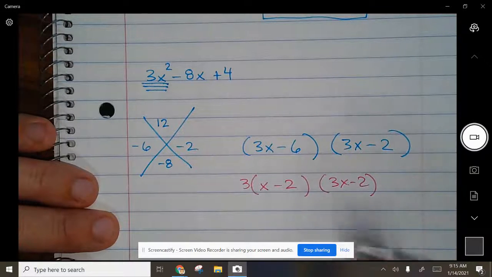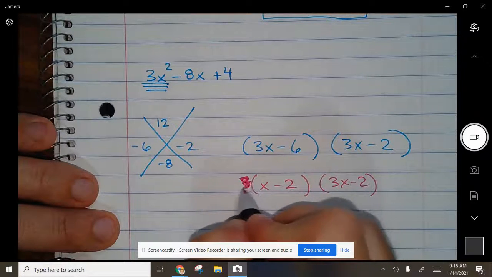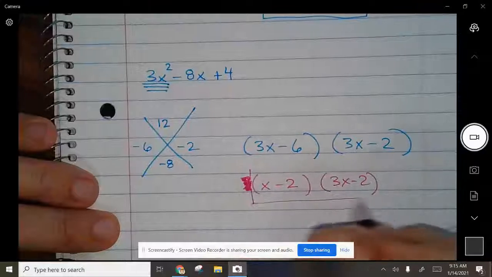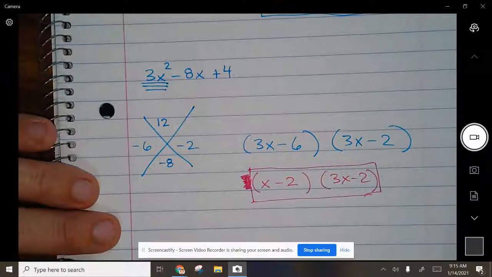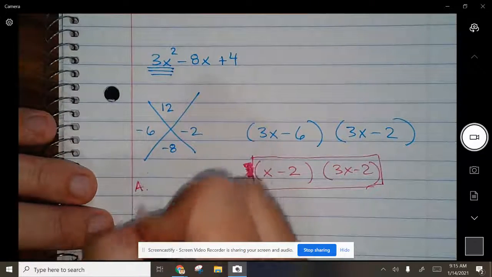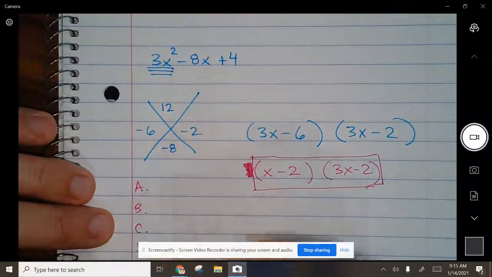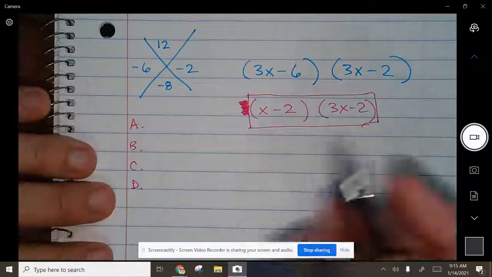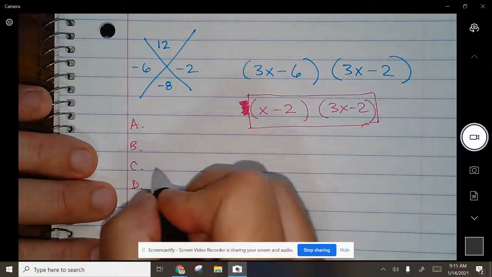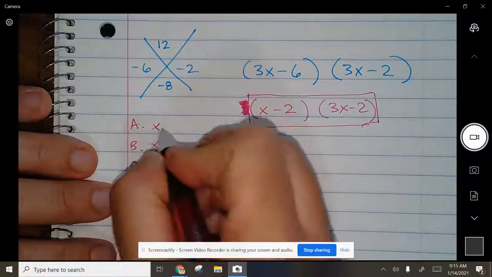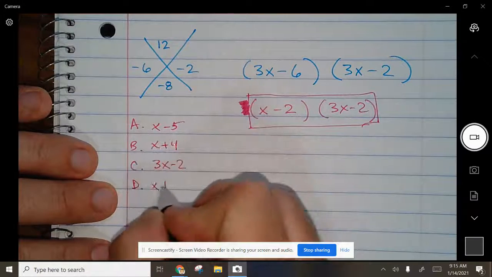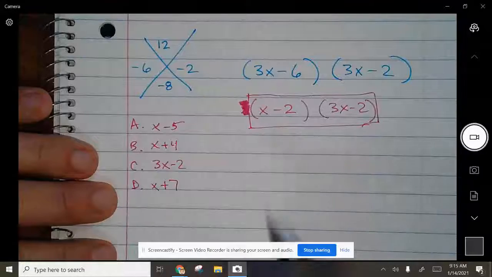What goes in the trash? This guy. These are both factors. So there may be a question that says, like, which one of these is a factor, A, B, C, or D? And you might see like 3x minus 2, x plus 4, x minus 5, x plus 7, and it would be this one.